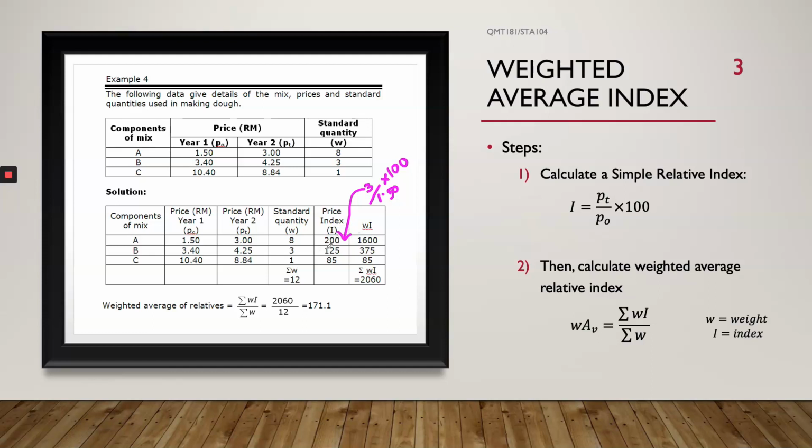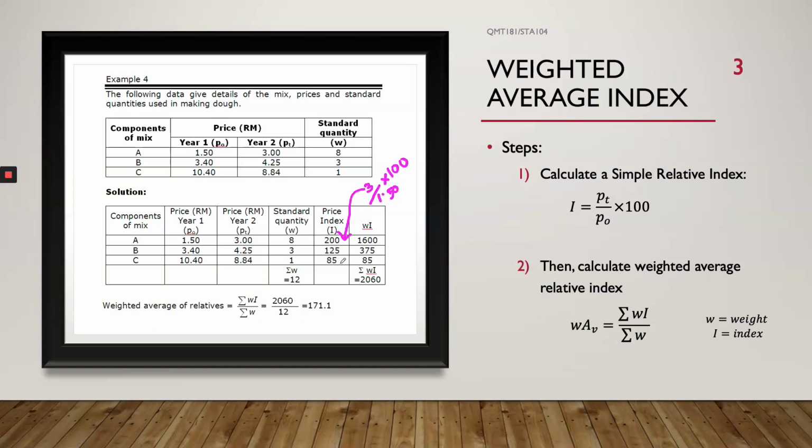Proceed with the next component, component B: 4.25 divided by 3.40 times 100, and you will get 125. For component of mix C, it should be RM8.84 divided by RM10.4 times 100, and you will get 85.